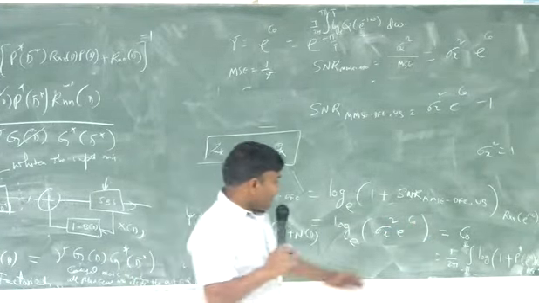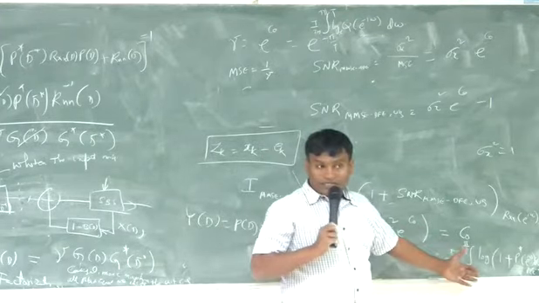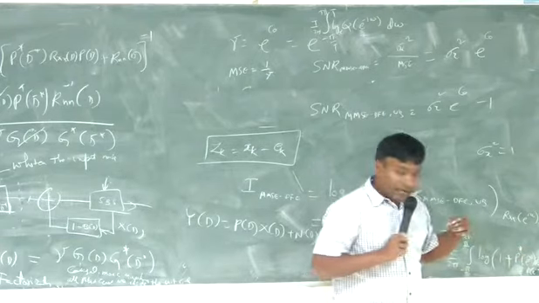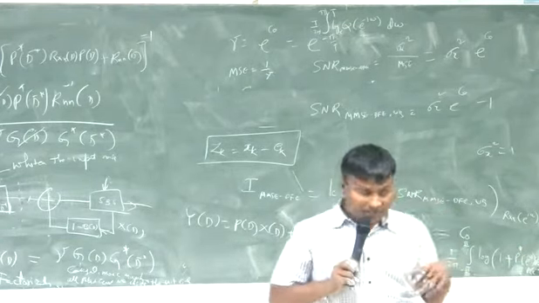And in fact, you can get the same capacity by using OFDM by dividing the bandwidth into several narrow band channels.